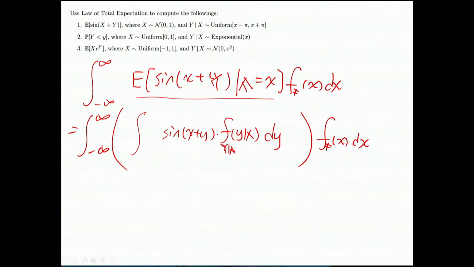And this, we know it's uniform, so it's from x minus pi to x plus pi.